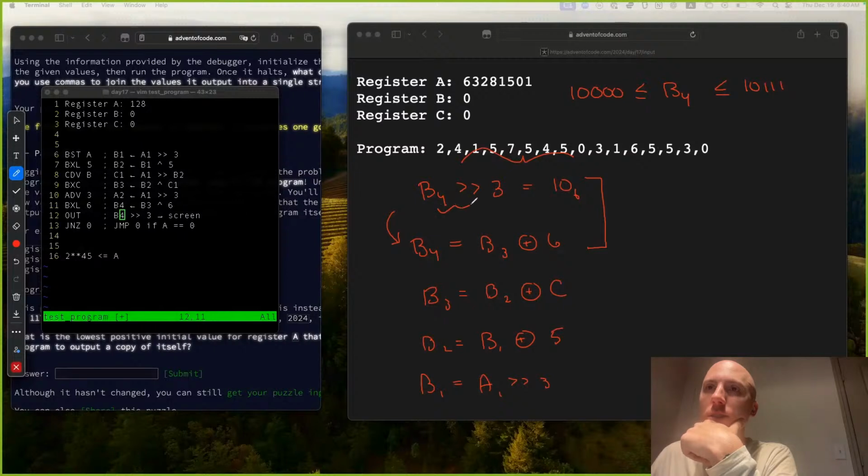Just by this equation, these values of B4 satisfy this equation. I don't like the B here. We'll just say it's 1, 0.